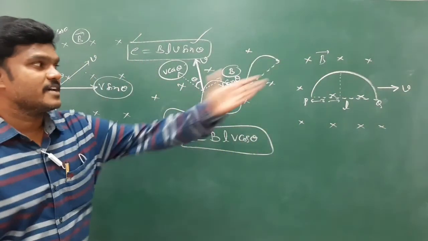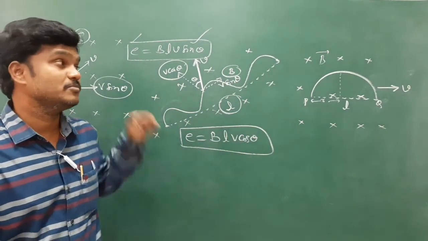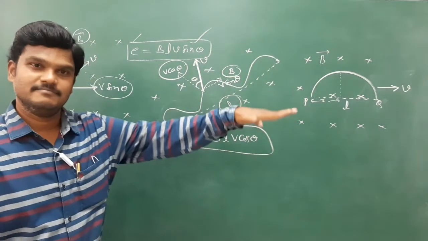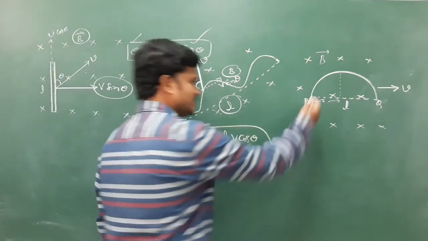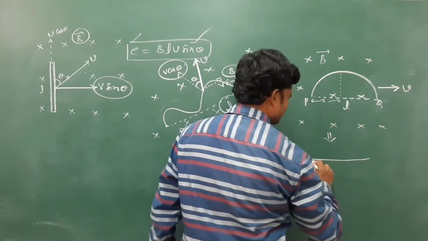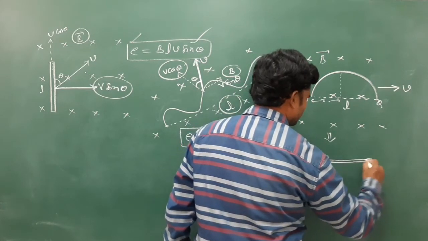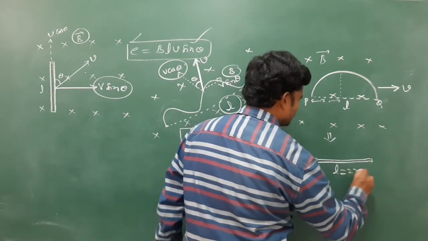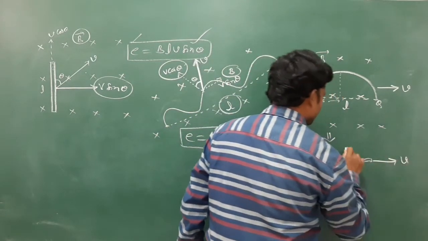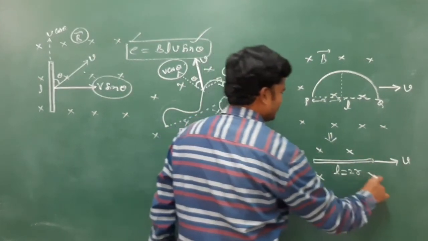The wire is moving along the X axis. Speed is along the X axis, length along the X axis. Just replace this one with a wire whose length L is equal to how much? 2R, R plus R, 2R. And this is moving with a speed V and it is in an inward field.